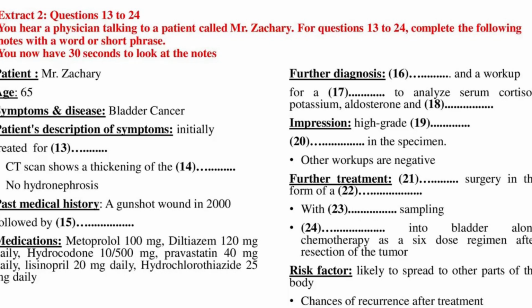Are you allergic to any medication? No, doctor. So, I advise you to go for a bladder biopsy and a workup for a right adrenal lesion to analyze serum cortisol, potassium, and aldosterone and ACTH level measurement. Get this completed and meet me again with the diagnosis reports. Okay, doctor.